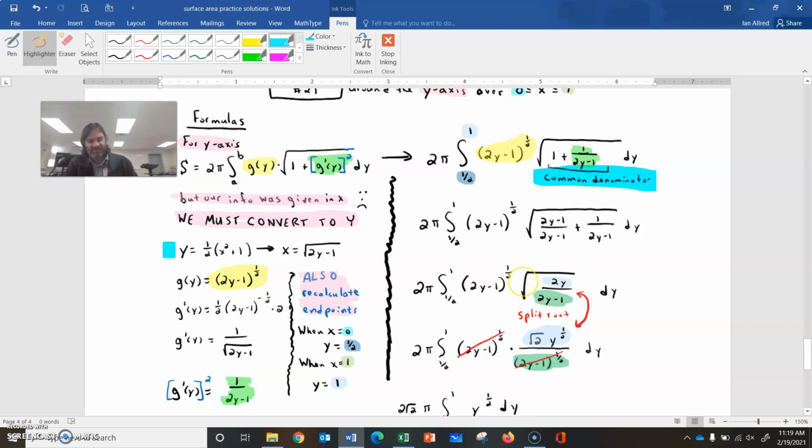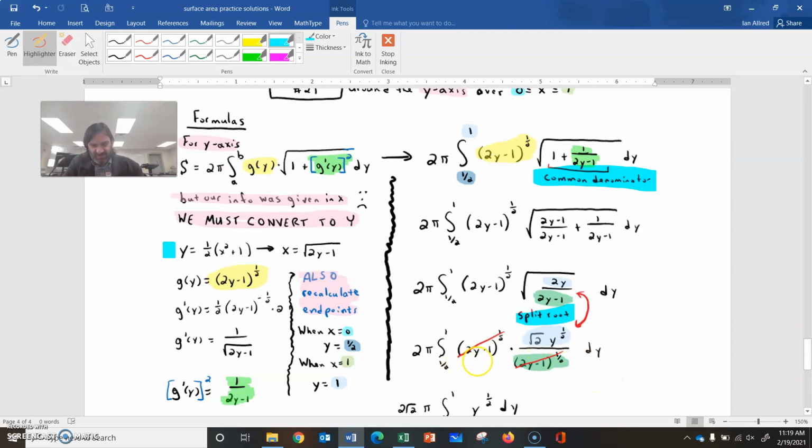And since that's a fraction under a square root, I'm going to split it into a square root of a numerator over the square root of a denominator. So that'll give me, in totality here, 2 pi integrated from 1/2 to 1 of 2y minus 1 to the 1/2, and then the numerator of square root of 2, y to the 1/2, over denominator 2y minus 1 to the 1/2 dy.